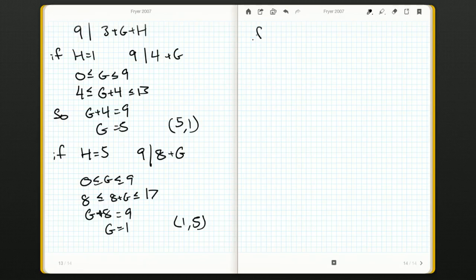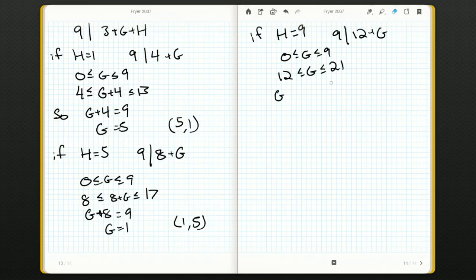And the last possibility for H, if H was 9, then we'd get 12 plus G. So 12 plus G lies between 12 and 21. And there's only one possible value here as well, and that's 18.